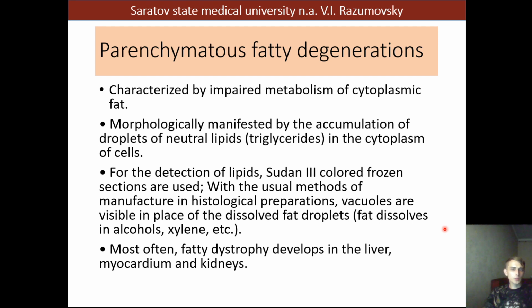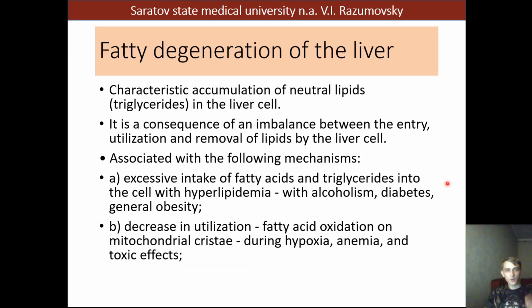With the usual methods of histological preparation, vacuoles are visible in place of the dissolved fat droplets. Most often fatty dystrophy develops in liver, myocardium and kidneys. In our department and in your exam, liver and myocardium are most important. I will tell about them right now.